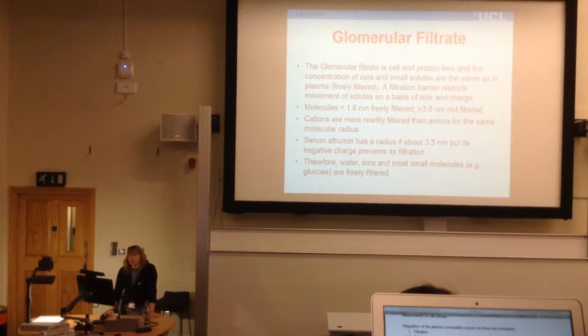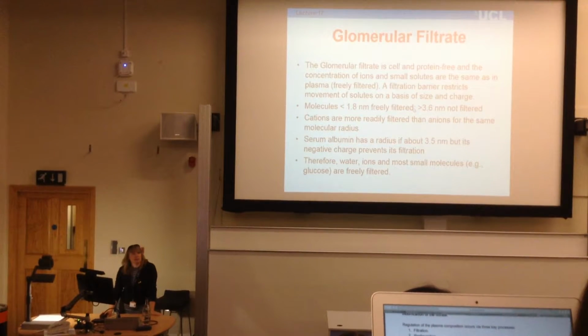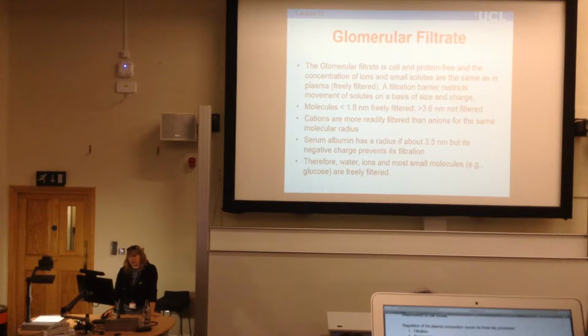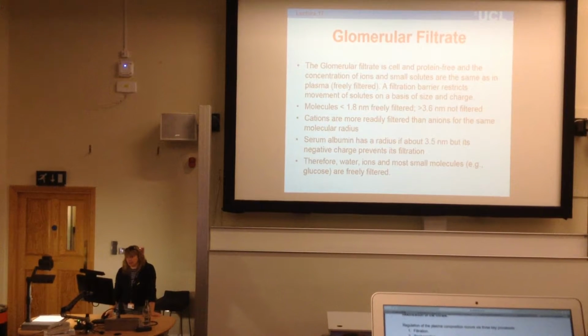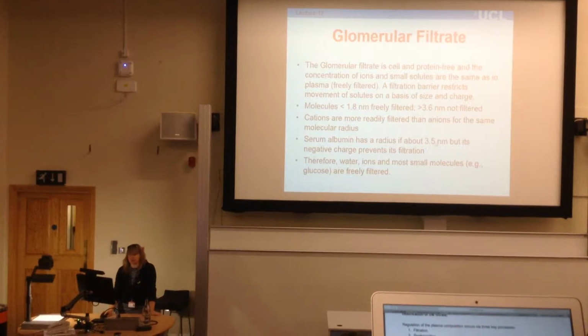The one way that we can keep smaller molecules in the blood plasma is their charge. We know that cations are more readily filtered than anions, and we know that factors such as serum albumin, one of our main carrier proteins in the blood, has a radius that will allow it to be freely filtered.